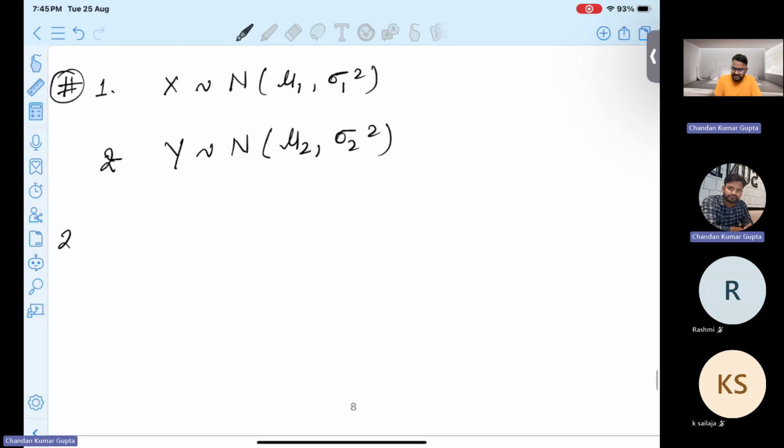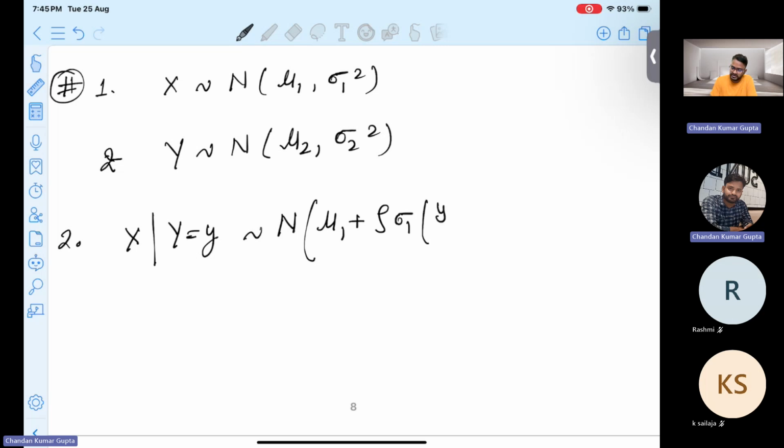The second case is if we are going to estimate or calculate the conditional distribution. Suppose the conditional distribution of the random variable X when Y is conditioned. In that case it also follows the normal distribution with parameter mu1 plus rho sigma1 times y minus mu2 upon sigma2.